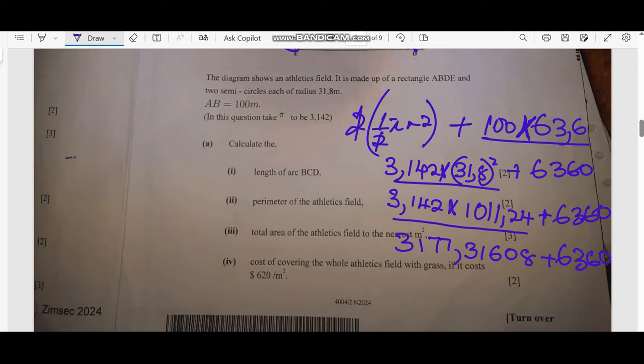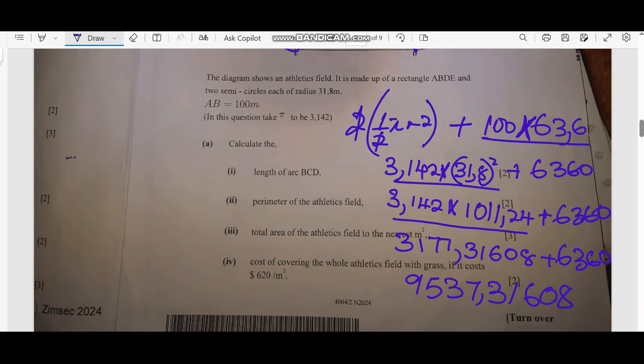Then we add this one, 3177,31608, and we get 9,537,31608.